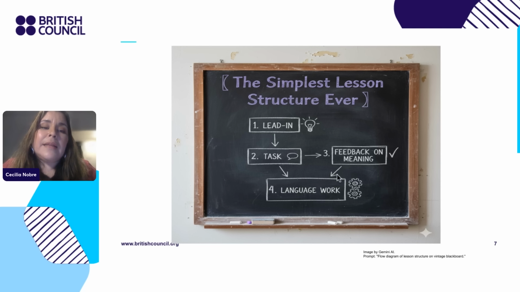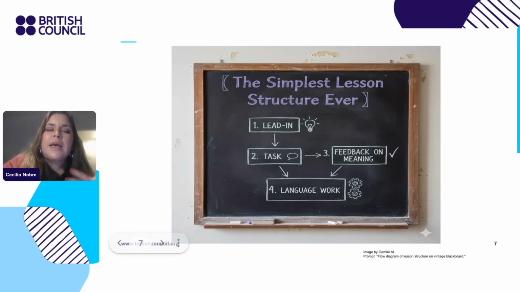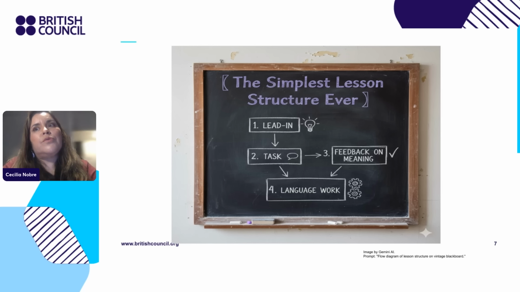Okay, and then language work is the start of the other cycle. So we work on the language. We can ask them to do the task again, or we can prepare another task where they have to use something similar.